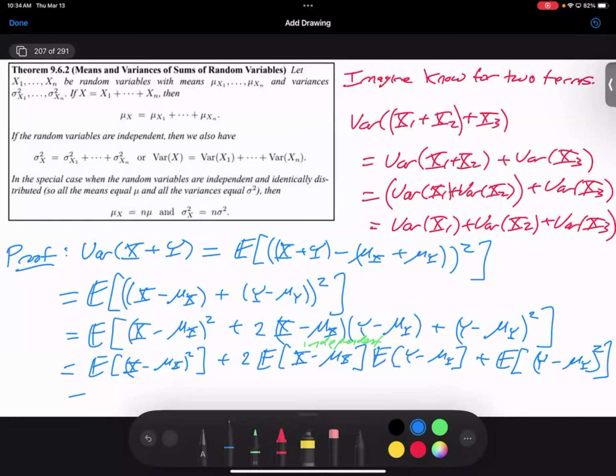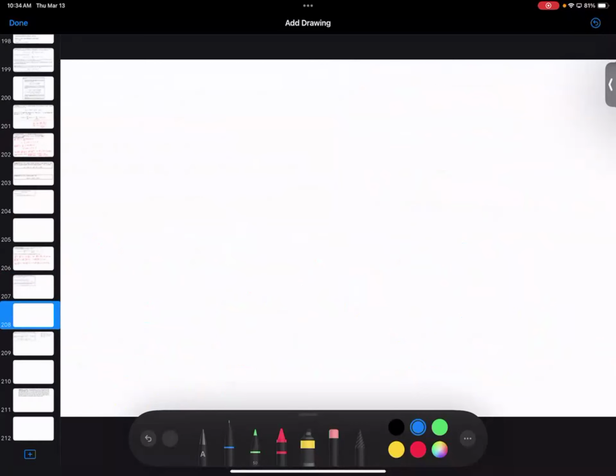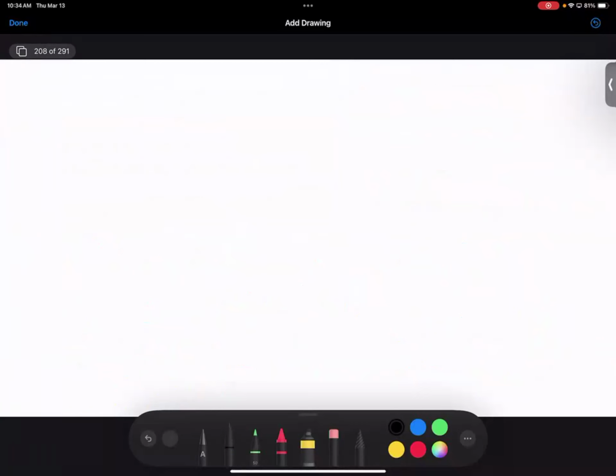Okay, what is the expected value of x minus its mean squared? The variance. Which variance? The variance of x. What is the expected value of x minus its mean? Zero. So as an aside, I don't know if we ever actually proved this, so I'll just do a quick lemma.